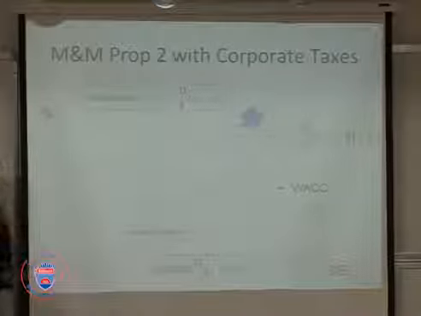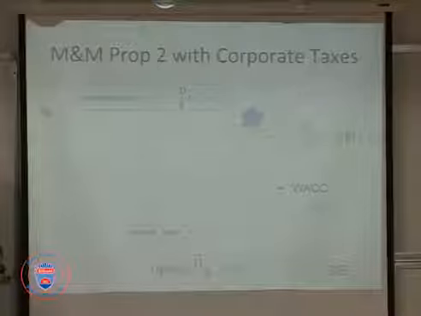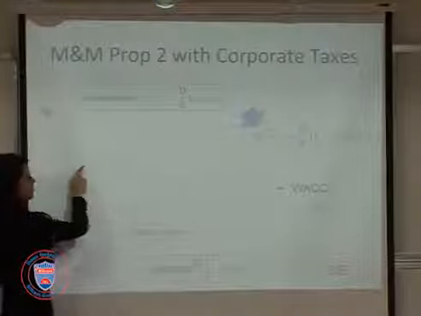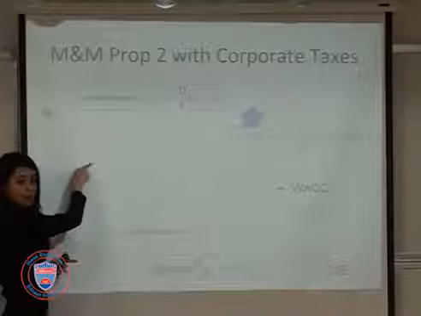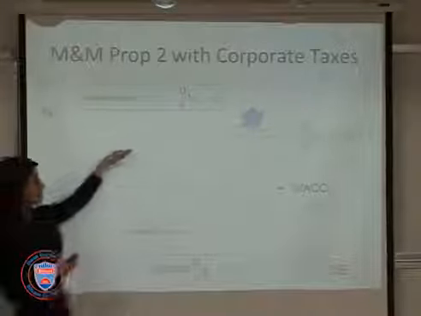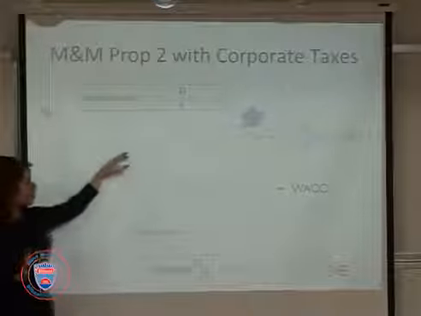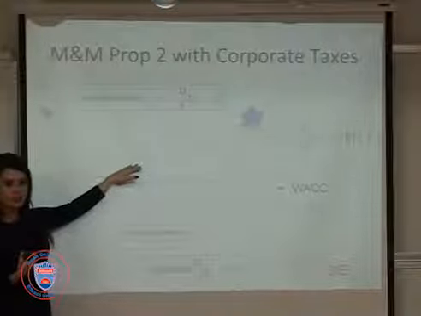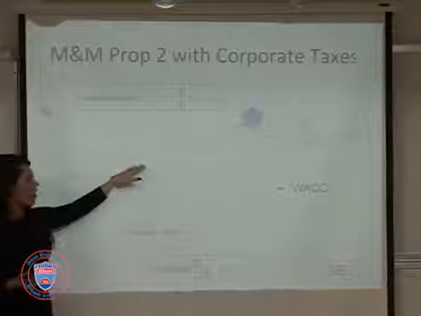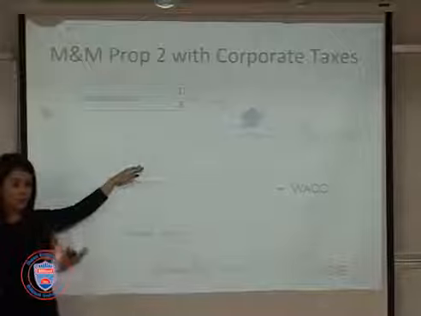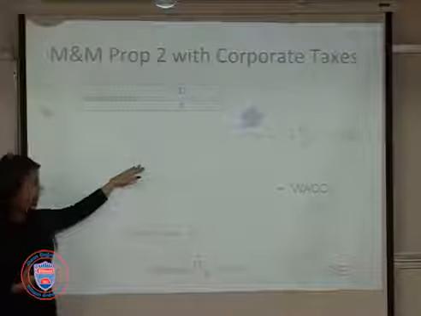Remember we said as debt to equity increases, cost of equity will increase. This is the previous case that we talked about. When you don't have any tax, this is the cost of equity. When you have tax, cost of equity will be lower, just math, and it will increase with increased debt to equity ratio.